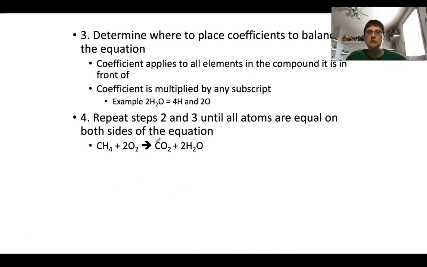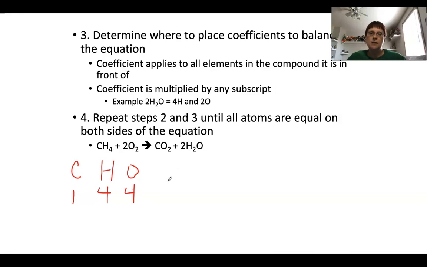We knew that the carbons were equal, but we knew that the hydrogens and the oxygens weren't. So when I went to balance it, I decided I'd try to balance the oxygens first. So I went ahead and did this one. I said, okay, let's put a 2 here in front of the oxygen. So now on this side, we've got C, H, and O. We've got 1 carbon, 4 hydrogens, and now 4 oxygens.